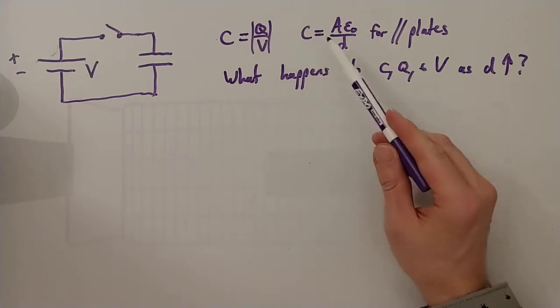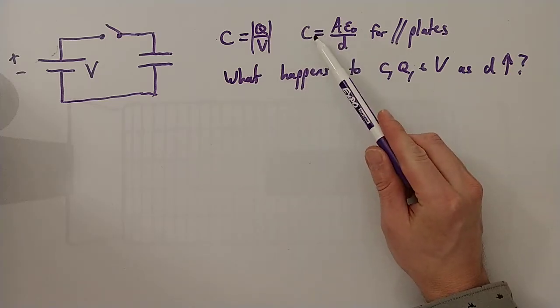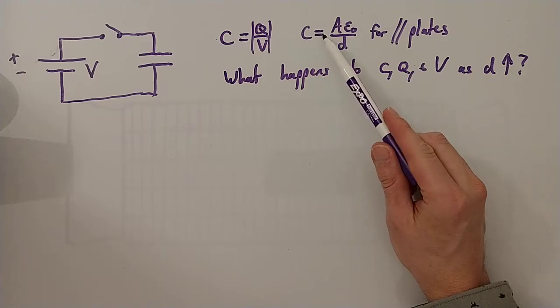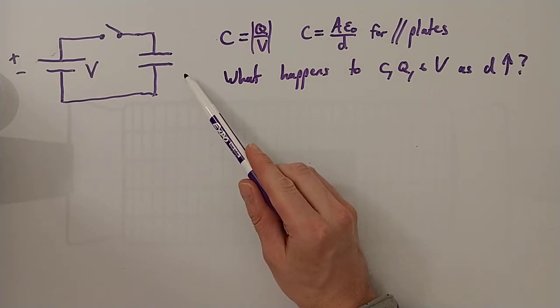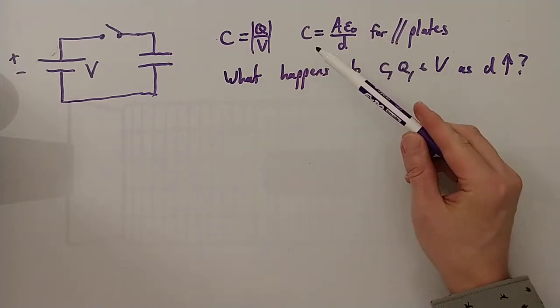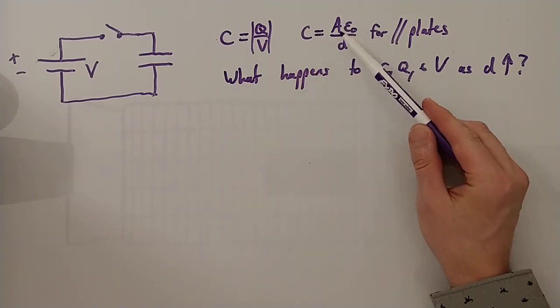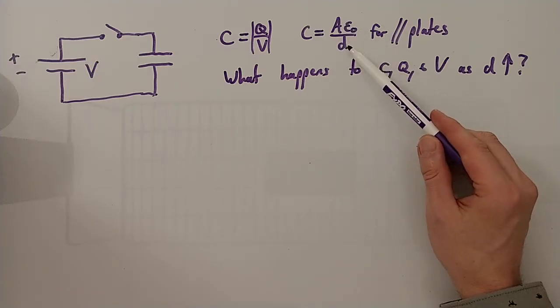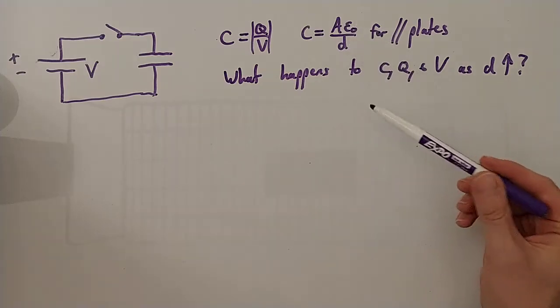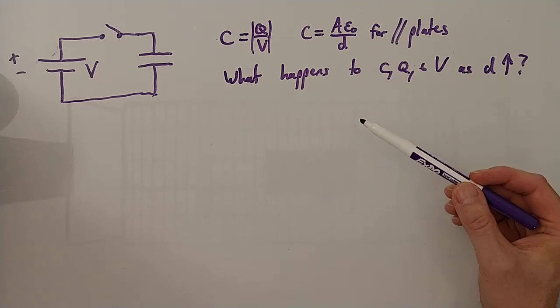We also realized that we could write the capacitance as just depending on the geometry of the capacitor. So for a parallel plate capacitor, where you just have two metallic plates, we could write it as the area of each plate divided by the distance between the plates, and then you end up with a factor of epsilon naught.